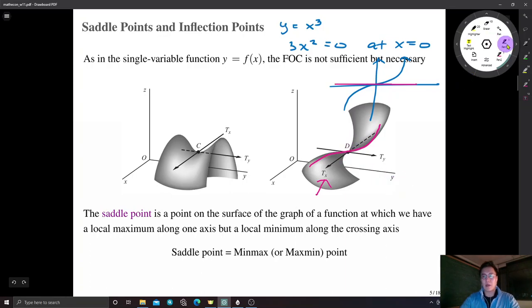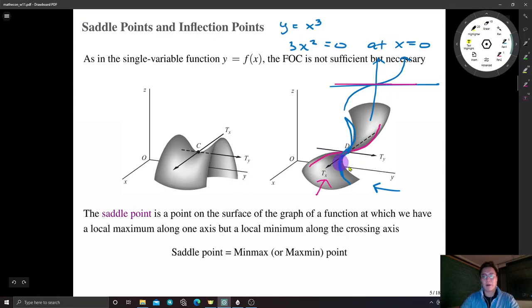But if you take a look from the other angle, if you project this graph onto the zx plane, then you're going to get this graph. Once again, at point D, nothing happens. The function is monotonically increasing. So we don't have any extreme point at point D.